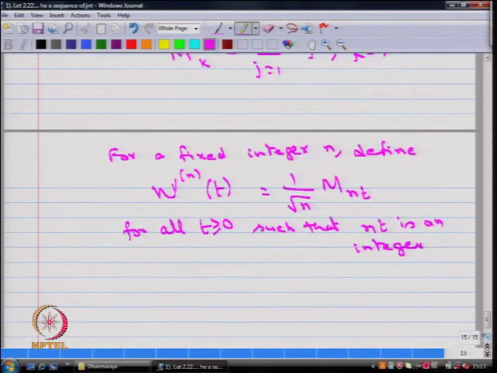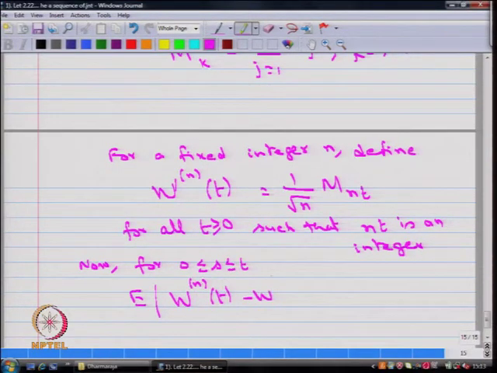If you find out the mean and variance for the difference of the random variables W_n of t minus W_n of s for 0 less than or equal to s less than or equal to t, the mean will be 0.